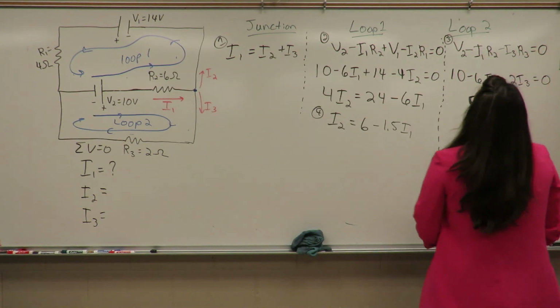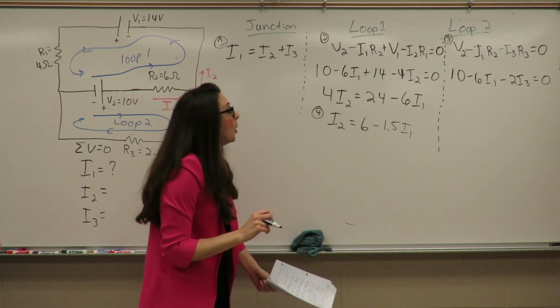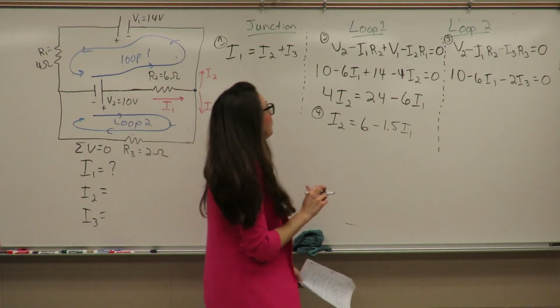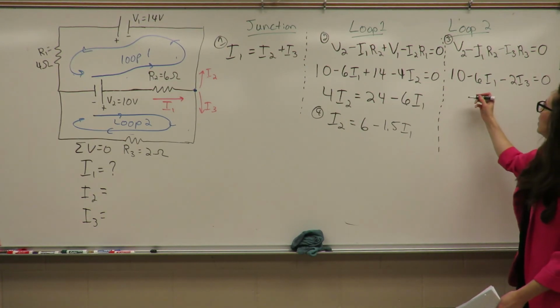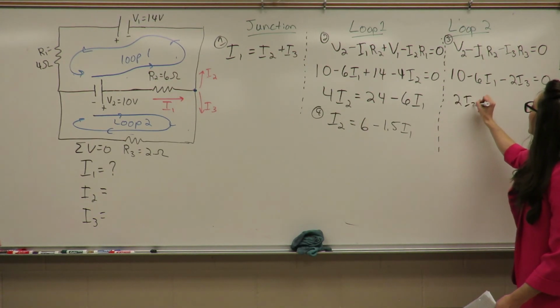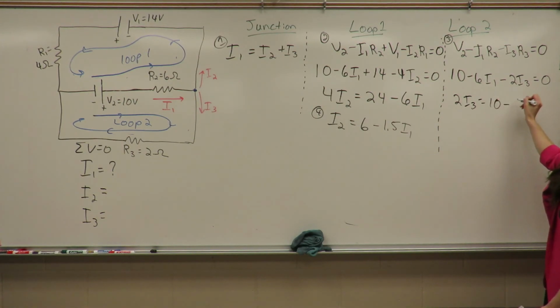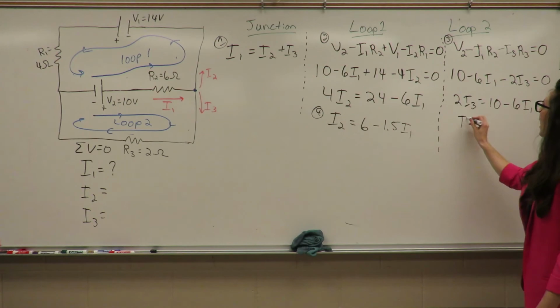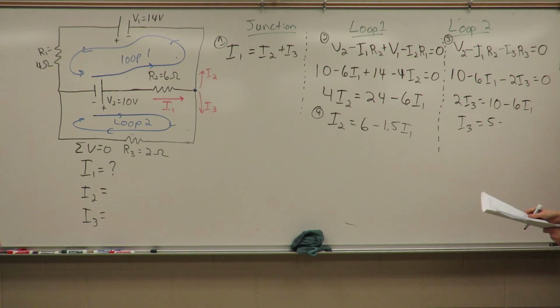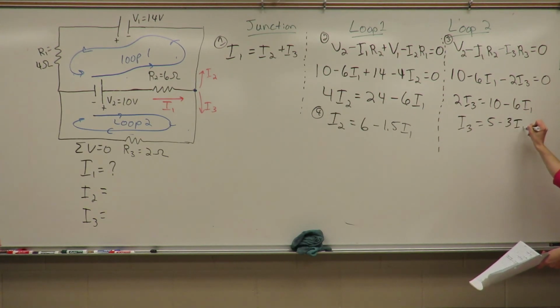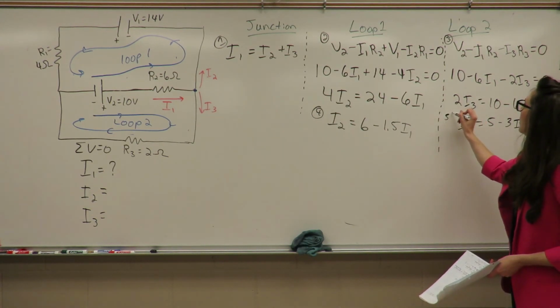So now I'm going to solve this equation for I3, right? If I do that, I'm going to add 2I3 to the other side. So I have 2I3 is equal to 10 minus 6I1. Divide both sides by 2. I3 is equal to 5 minus 3I1. And that's equation 5.